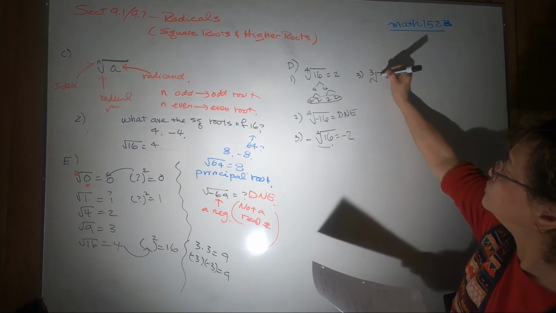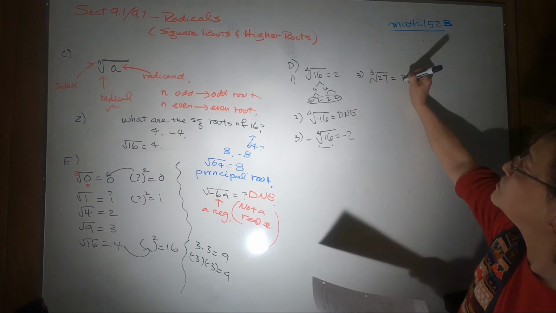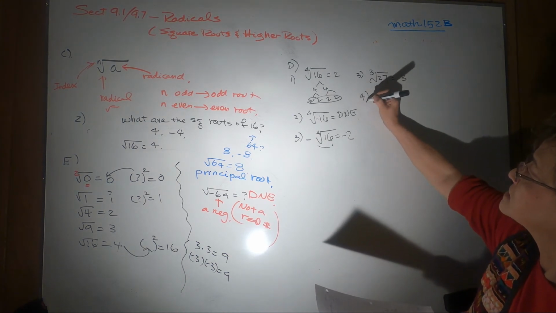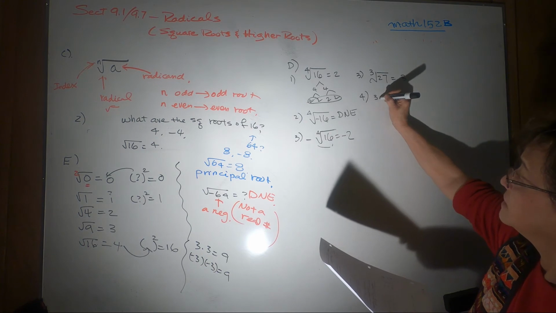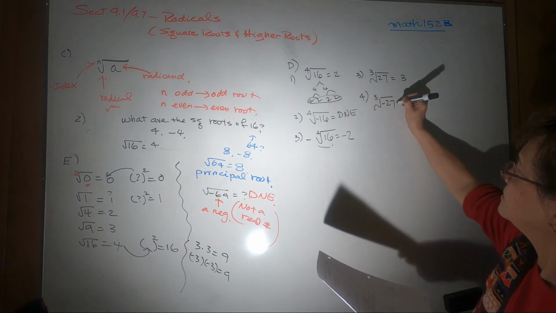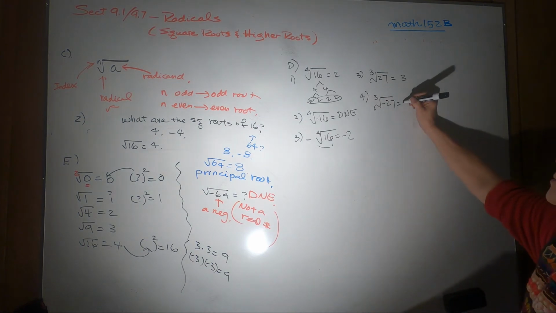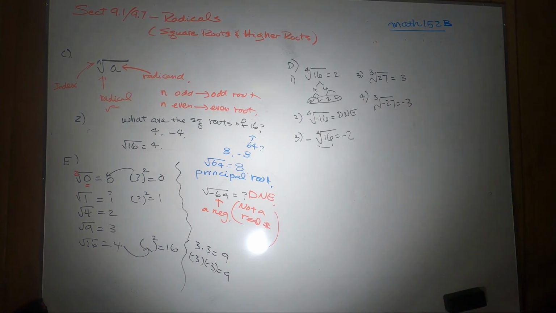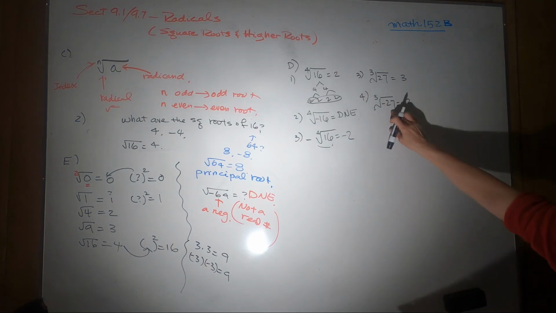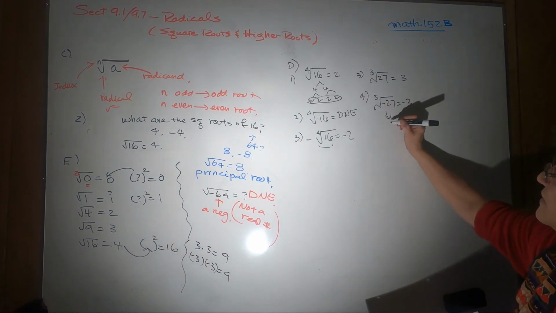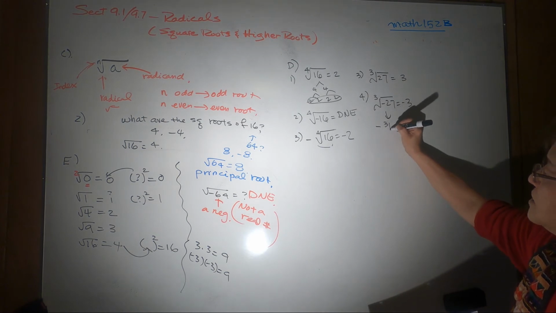However, how about cube root, odd root? We can do that, right? So if we have cube root of negative 27, what do you think? It would be negative 3, right? Because negative 3 times 3 times 3 is negative 27. Or you can write it this way.